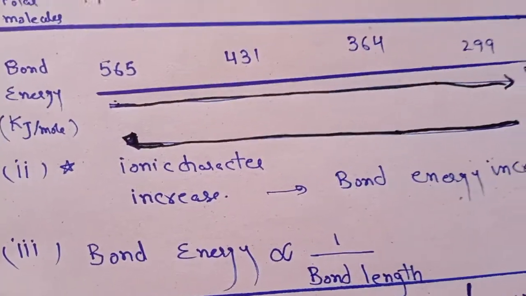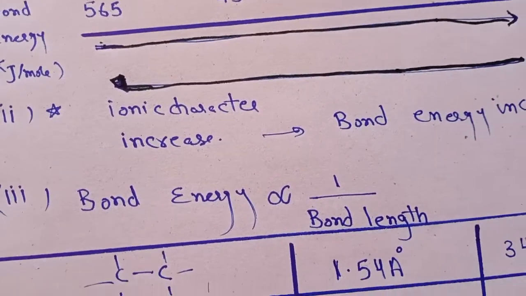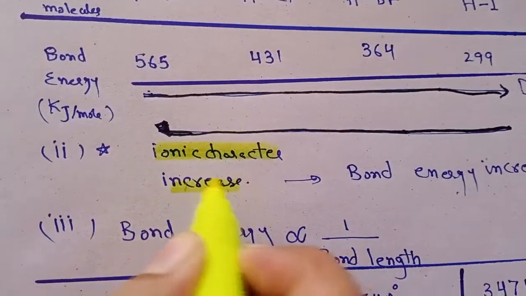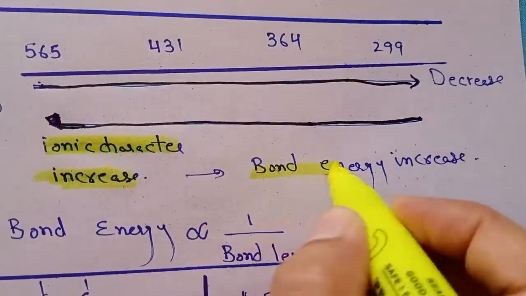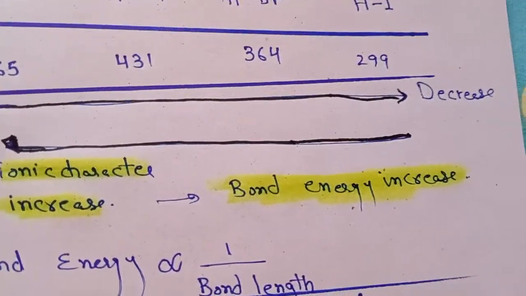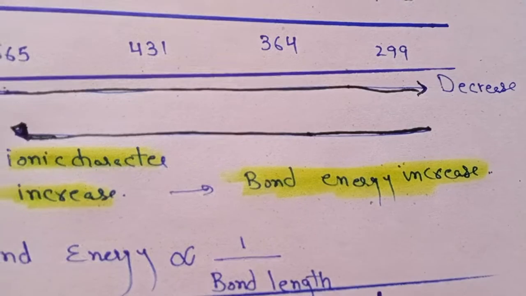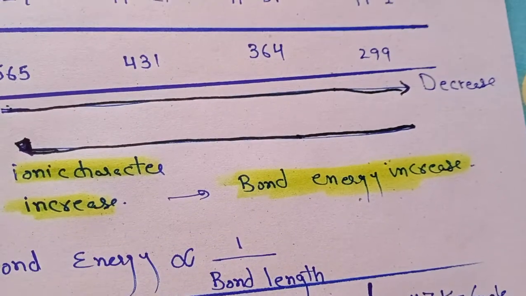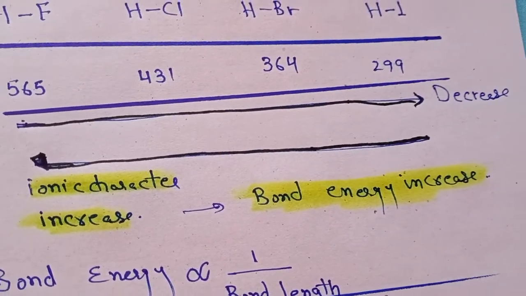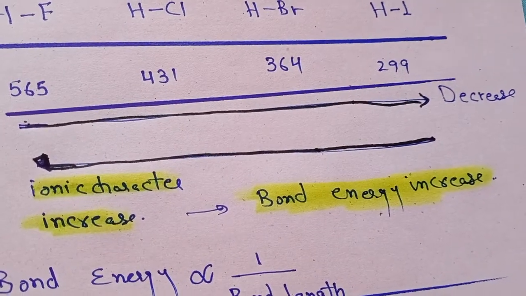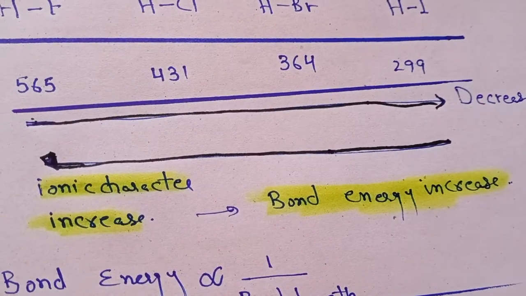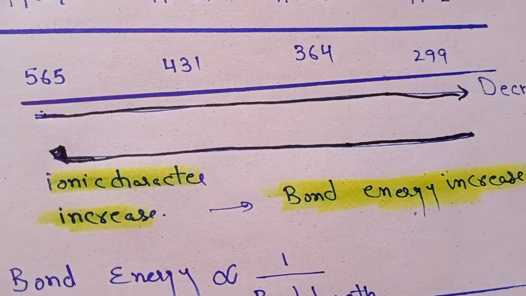So we can conclude that when the ionic character increases, the bond energy also increases. So if all the molecules are polar, we have to check which one is more polar, which has the higher ionic character. It will have the higher bond energy.